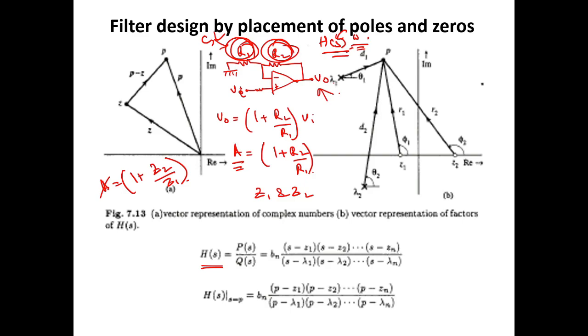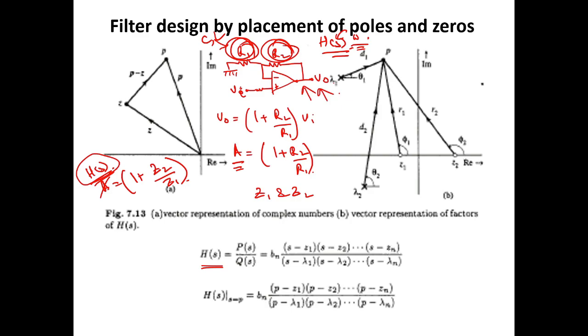Now we have included frequency dependence, so it is basically H of s. Now this H of s is the transfer function of this non-inverting amplifier which has a capacitor and inductor in its circuit.